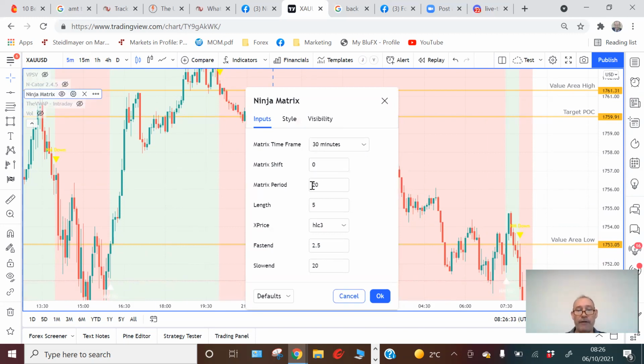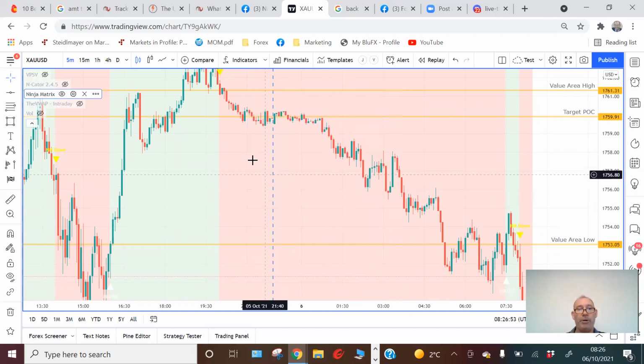I've not played with any of these. They've got this at 0, but you do as you wish. I know one of the guys does 4.5, whatever works for you, but this works for me. Most important is the matrix time frame, 30 minutes for me, because for me it just works.